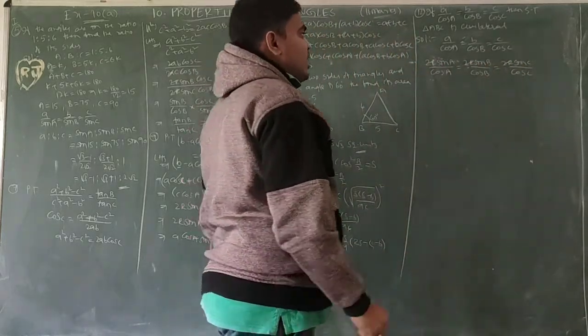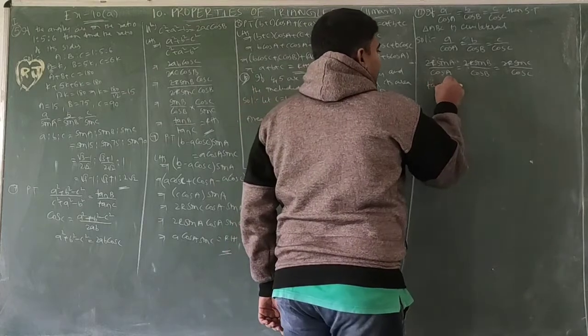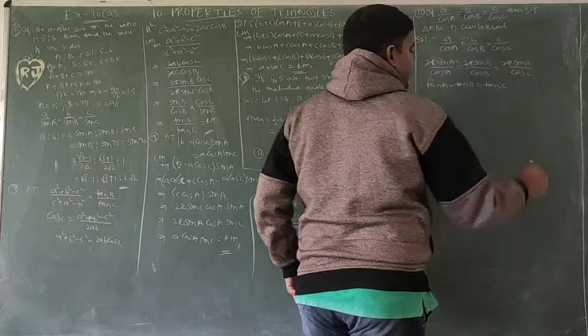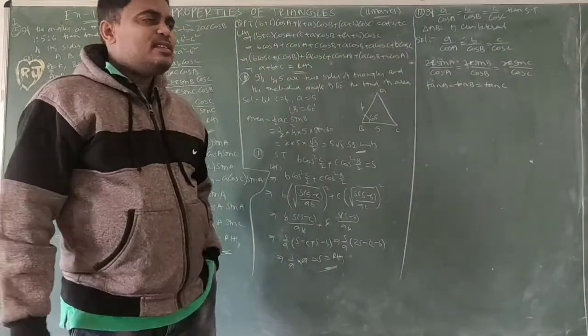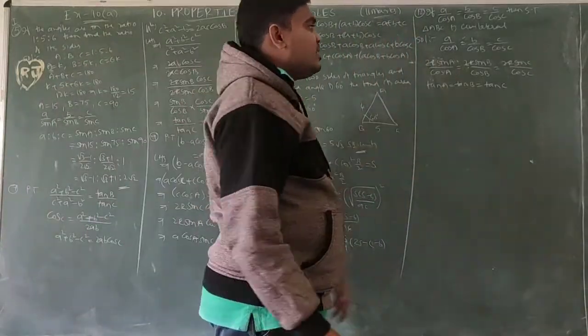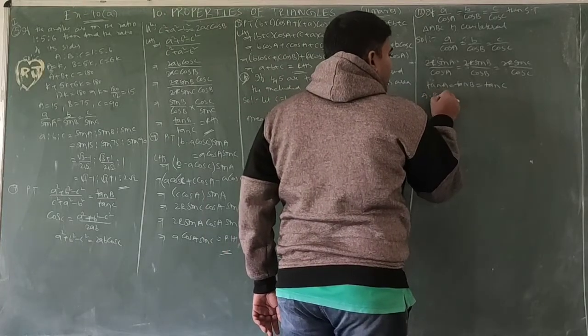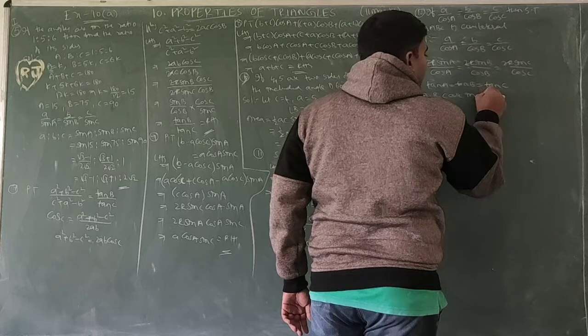So overall sin A by cos A, tan A equal to tan B equal to tan C. So since tan A, tan B, tan C are equal and A, B, C are angles in a triangle.